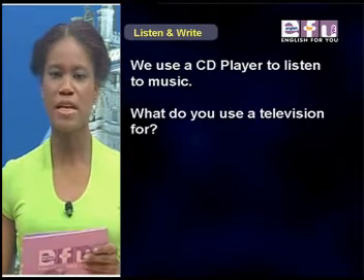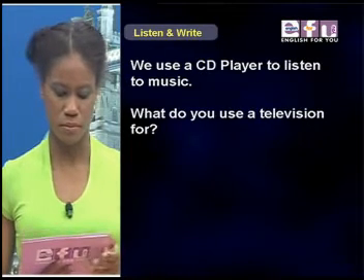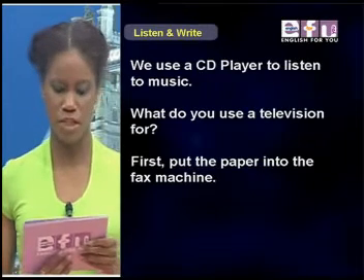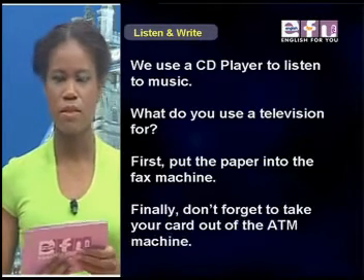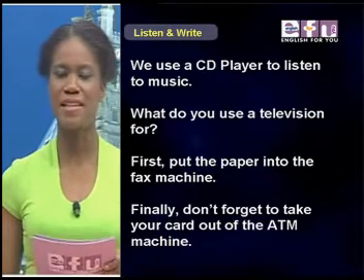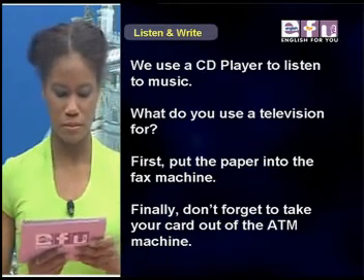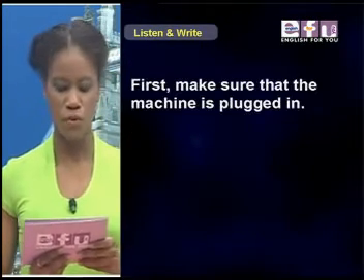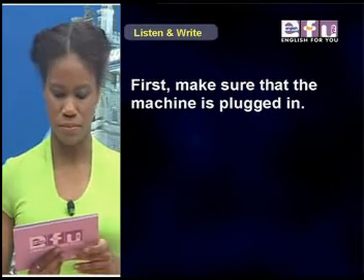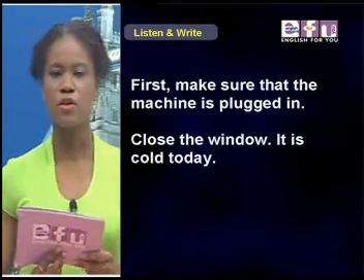We use a CD player to listen to music. What do you use a television for? First, put the paper into the fax machine. Finally, don't forget to take your card out of the ATM machine. First, make sure that the machine is plugged in. Close the window.